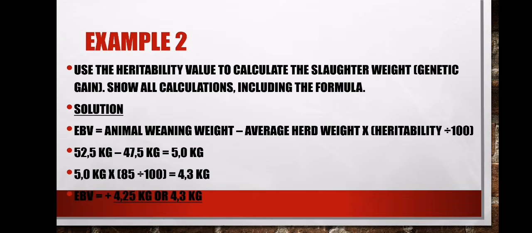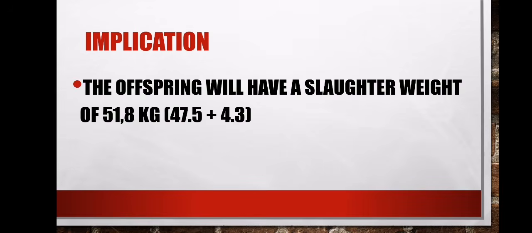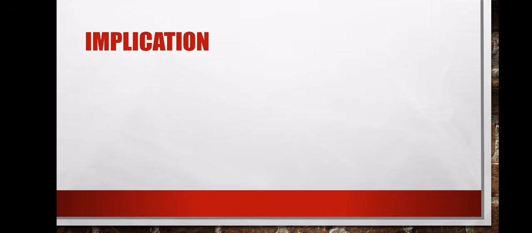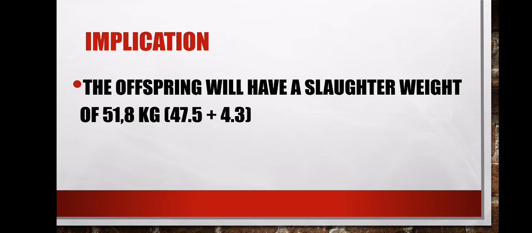Let's see what we can get. What does the implication say? Remember I said for the answer that you will get, you will say the offspring will be so and so greater than the average weaning weight of the animals. Then you say the offspring will have a slaughter weight of 51.8.